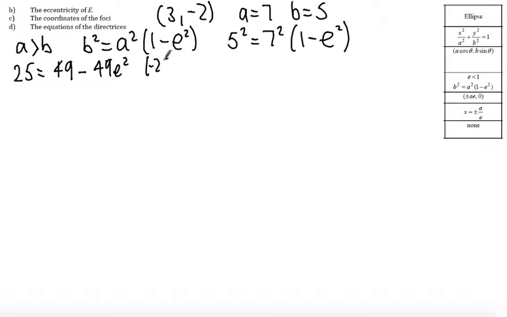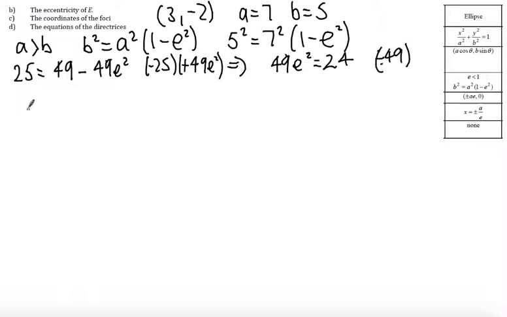I'm going to subtract 25 from both sides, and add 49e squared to both sides, so that we get 49e squared is equal to 49 minus 25, which is 24. Okay, divide both sides by 49, and so I get e squared equals 24 over 49, and then I want to take the square root.